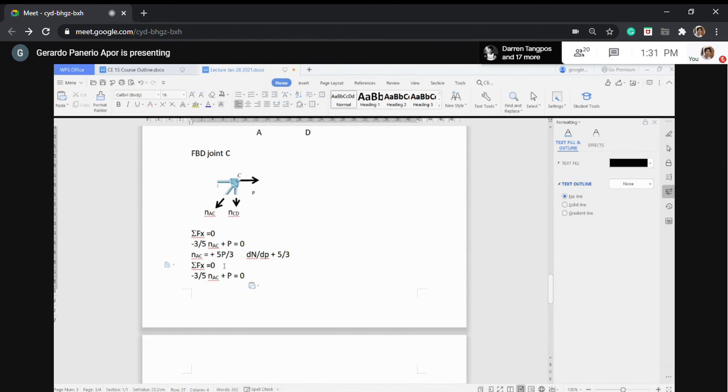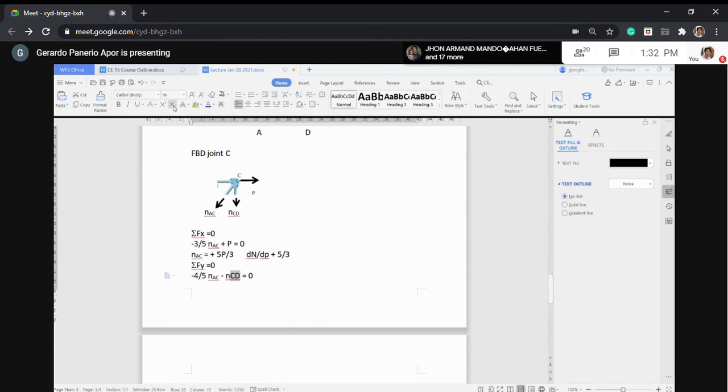Summation forces y, we can have 4/5 minus 4/5 N EC, then we have minus N CD equals to 0.